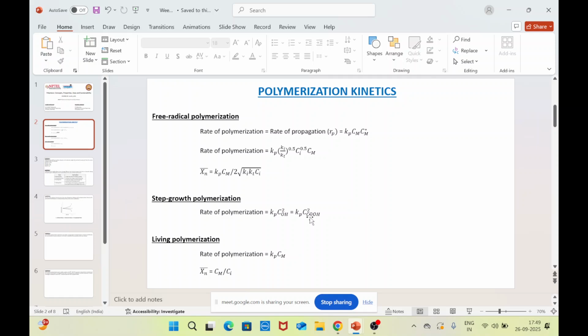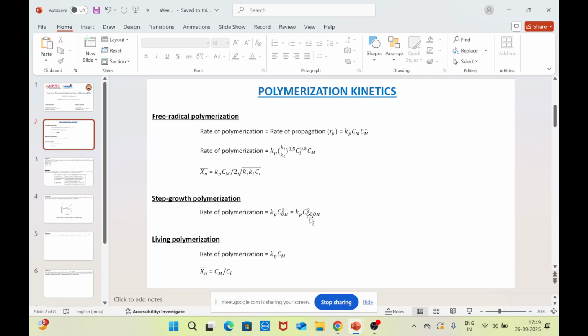Depending upon how the polymer responds to the shear stress, the non-Newtonian fluid can be classified into three different types.